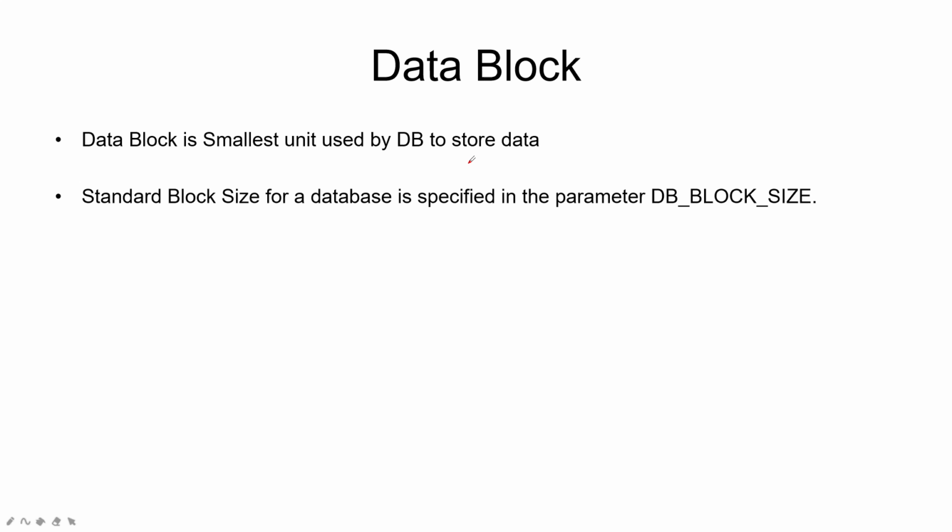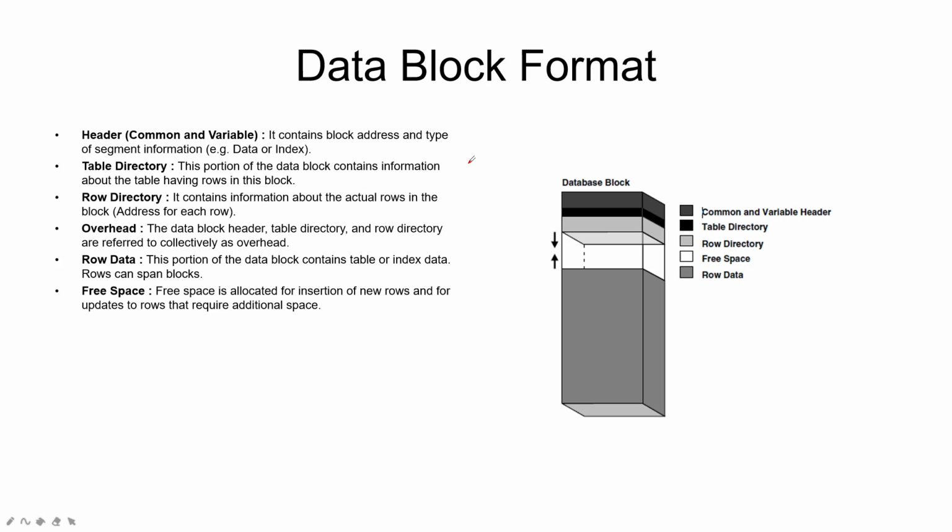So this is where we can store the data block size. So the data blocks are the smallest unit of storage that Oracle can use or allocate. So this is what data blocks exactly mean. Let's move on to the next slide.